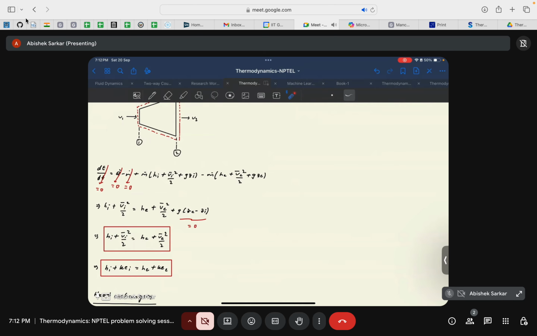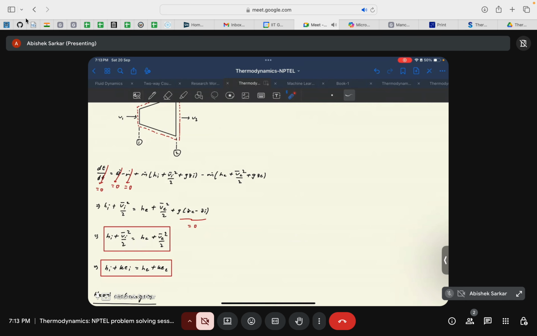For most cases, for example if you just leave the nozzle or diffuser horizontally, there is no perceptible change in the potential energy, so this term is almost equal to 0, or not that relevant.